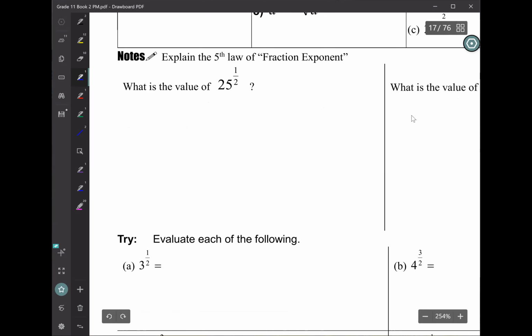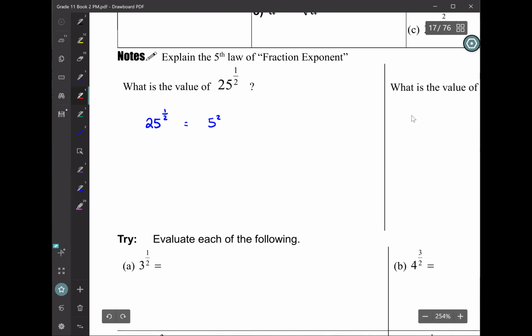1/2. So first, we'll copy it down here. We'll find a way to figure out what it equals. If I want to write 25 using some exponent, I can rewrite it as 5 squared.